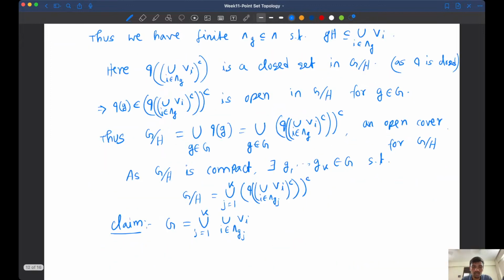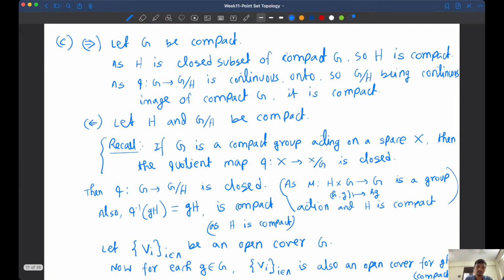Each of these lambda_{g_j} is already finite, and I'm again considering a finite union of those things. So this is a finite collection of the sets V_i. If I can show this one, then I'm done. This is a finite subcover of the given cover V_i, and hence G is compact.